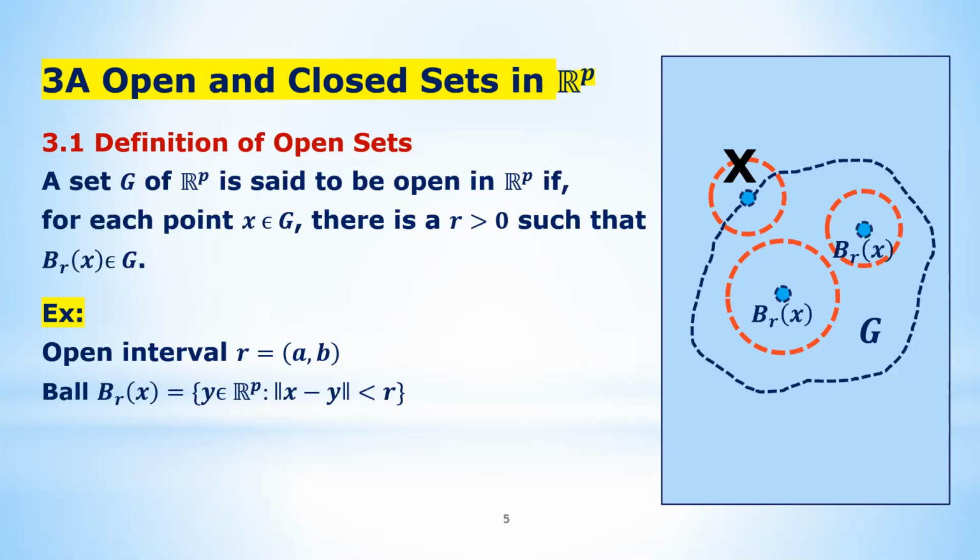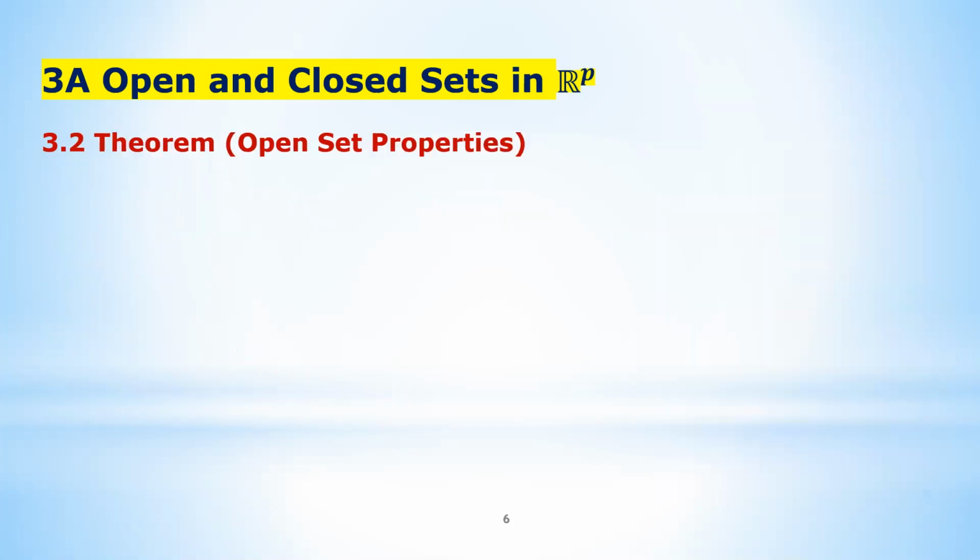But more importantly, we need to talk about the open set properties. So what does open set property mean? It means that suppose you have a number of open sets in front of you, and for those open sets you can do some set operations. For instance, you can take the union of open sets, or intersect an open set with another open set.